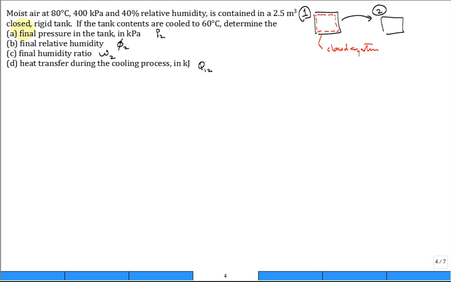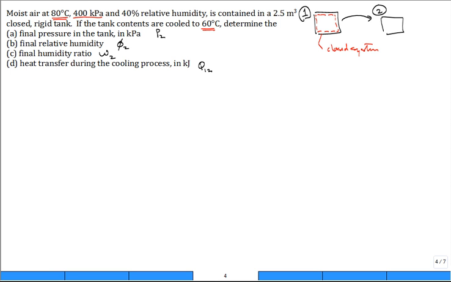If I start at 400 kilopascal and the contents are cooled from 80 degrees C to 60 degrees C, what do we think P2 should be in relationship to 400 kilopascal? Greater than 400, equal to 400, or less than 400?